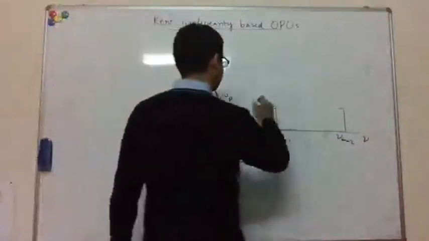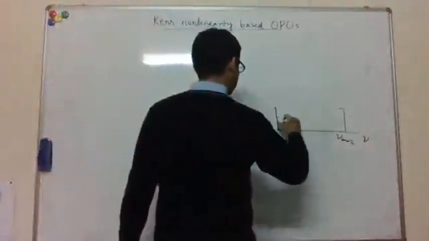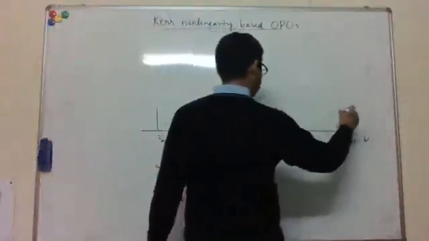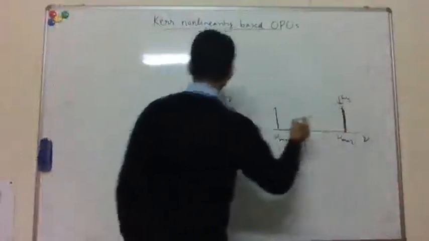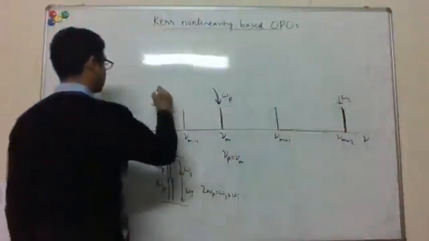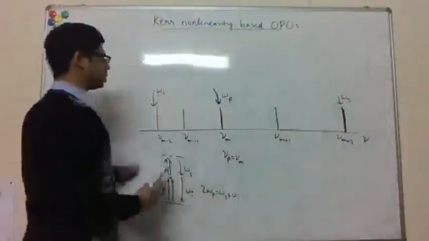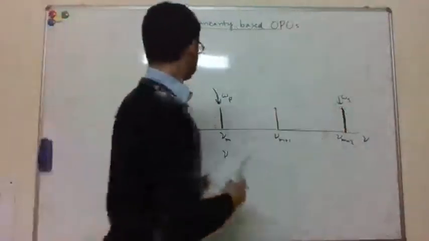So on one side at some resonance we want to generate, let's say, omega s here, and then symmetrically about the pump we want to generate omega i.